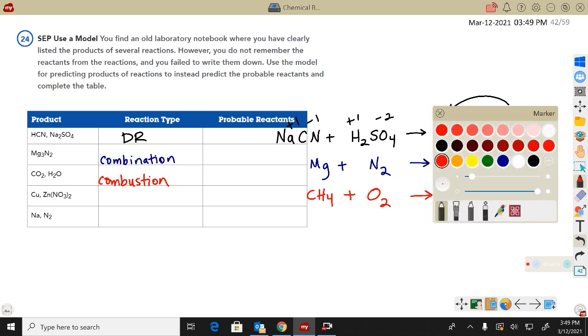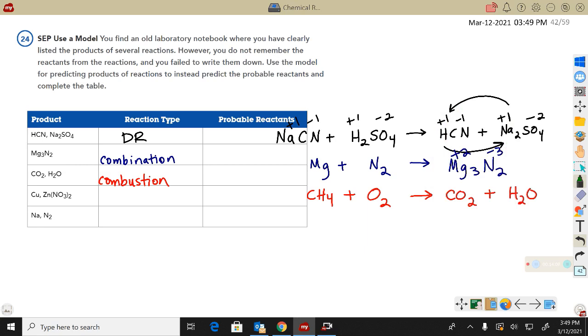The fourth one. My products are copper and zinc nitrate. I am seeing a single element. So I'm wondering if this would have been my single replacement.